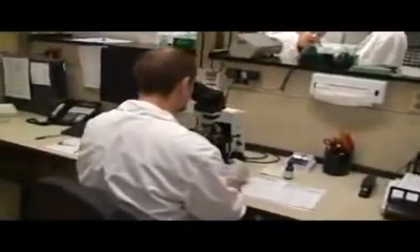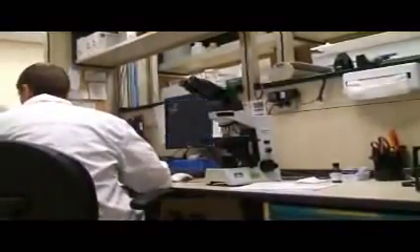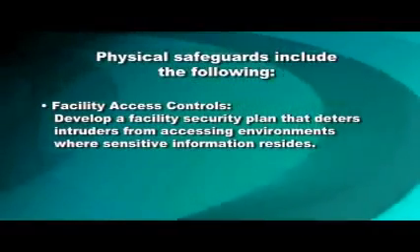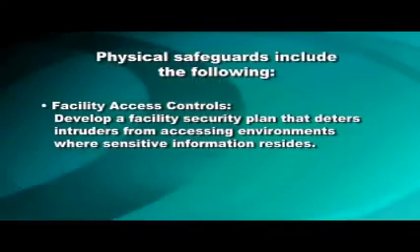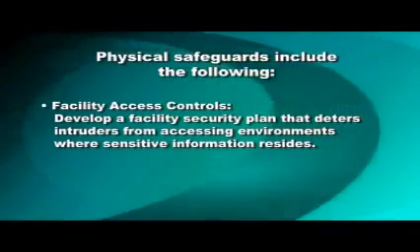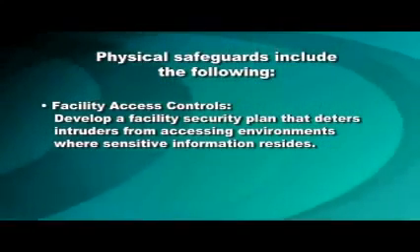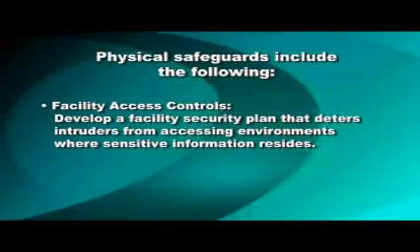And physical safeguards. The security rule also requires a number of physical steps to ensure that PHI contained in computers is properly protected from environmental hazards, as well as from unauthorized intrusion. Physical safeguards include the following: facility access controls. Develop a facility security plan that deters intruders from accessing environments where sensitive information resides.